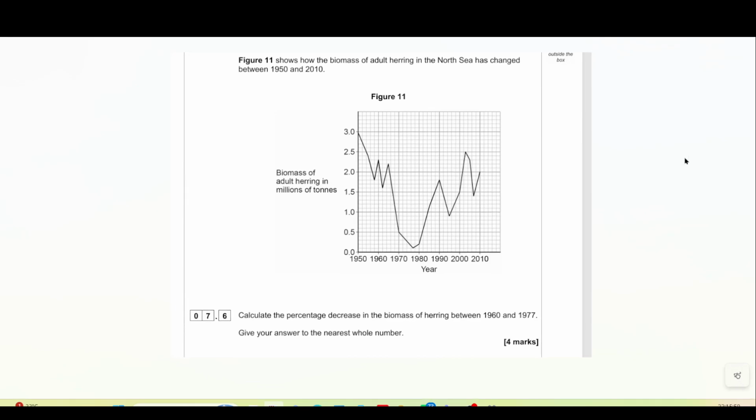And then at 1977, which is one, two, three, four, five.